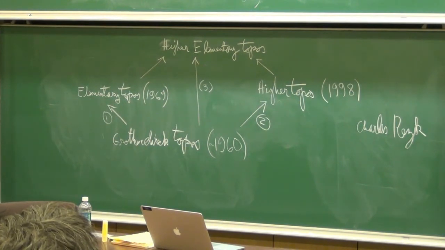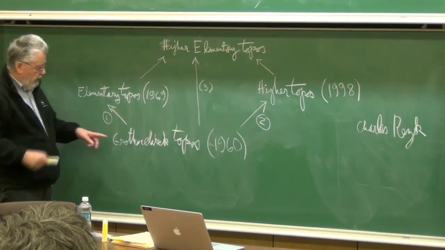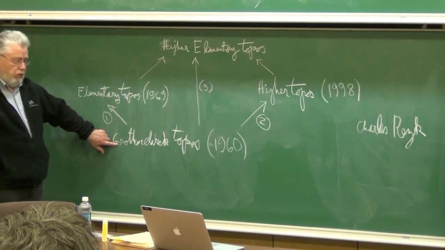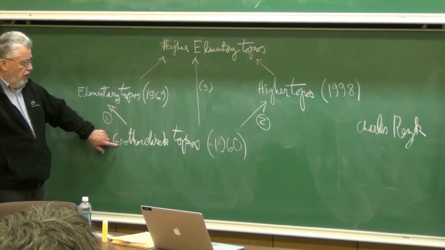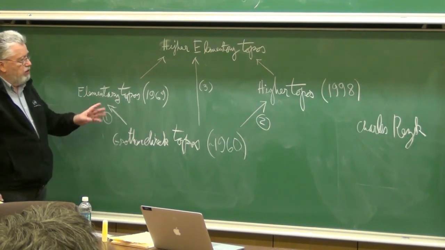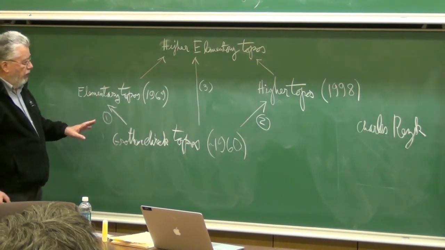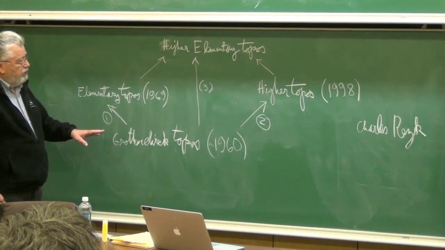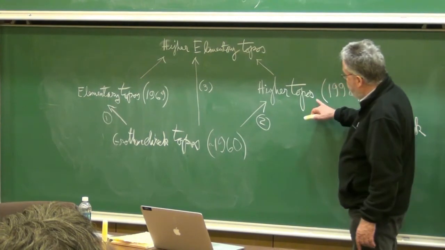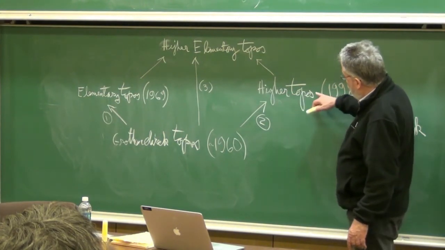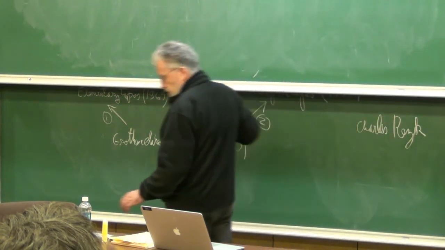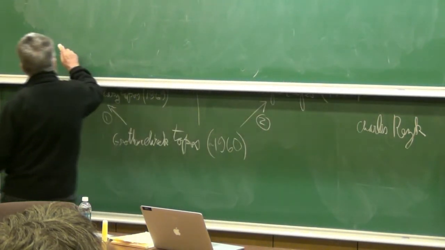I would like to sort of come back to the original notion of Grothendieck topos and discuss how the other notions have emerged from it. And maybe I should say that there are more than three mutations, because with the notion of higher topos, actually, you have a whole sequence.